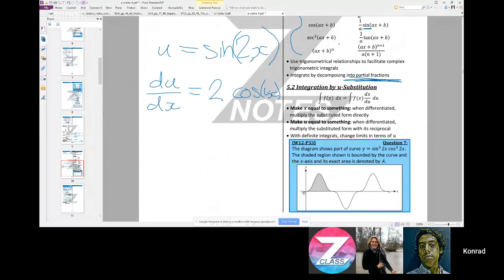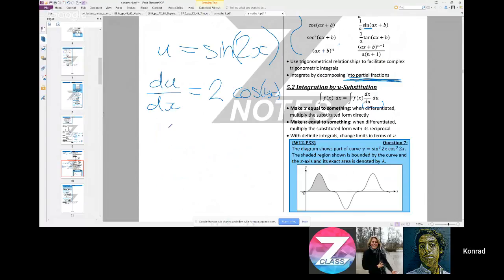All right. Now we have du by dx. There are 2 ways to look at this. You can either use this equation here, right? Or you can actually rearrange this to just make dx the subject.